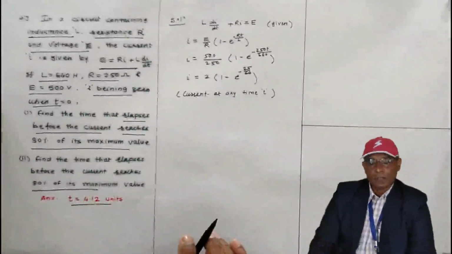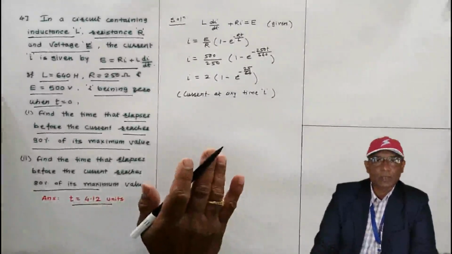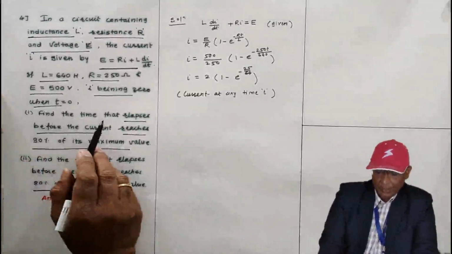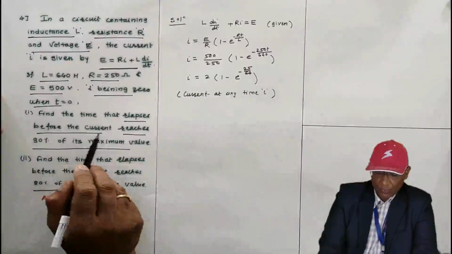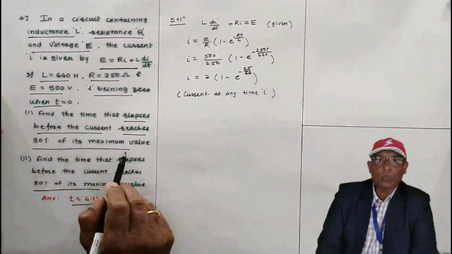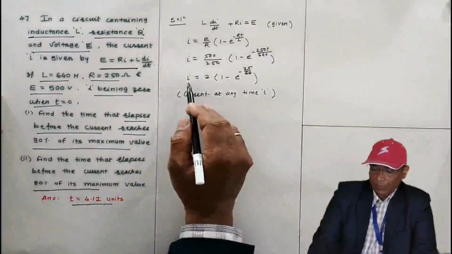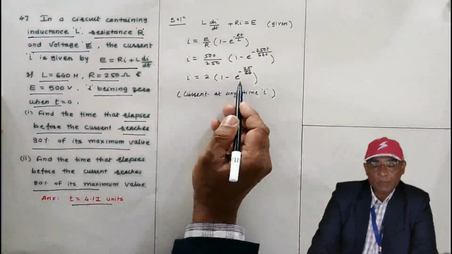Okay. Now the 75% solution we have done. Now find the time that elapses before the current reaches 90% of its maximum value. So when will the current be maximum in the circuit?